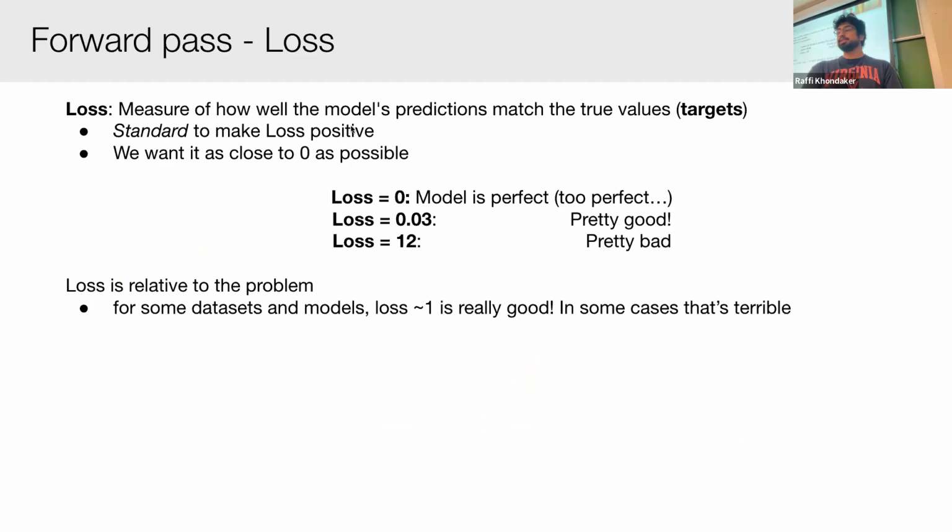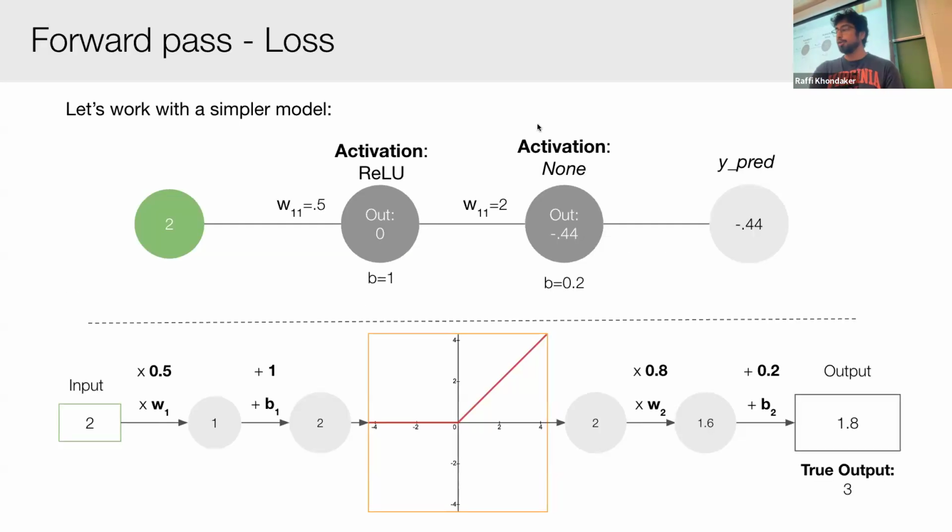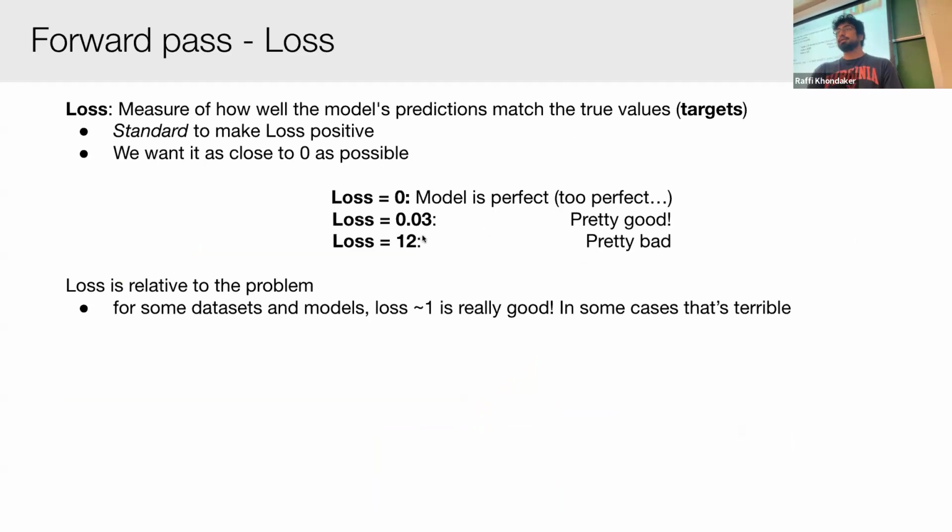So our loss is some metric we choose that quantifies how bad we did. No matter what loss function or loss metric you choose, we always want the rule that a loss of 0 means the model is perfect. Like it got absolutely nothing wrong. It outputted a 3 when it was supposed to output a 3. A loss of 0.03 is pretty good. That's very close to 0. Whereas a loss of like 12 is really high, pretty bad.